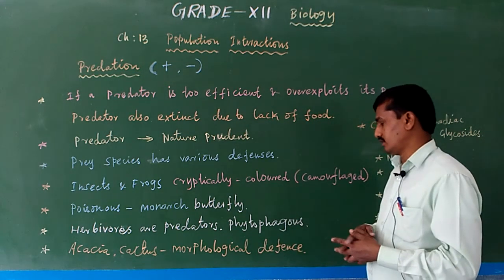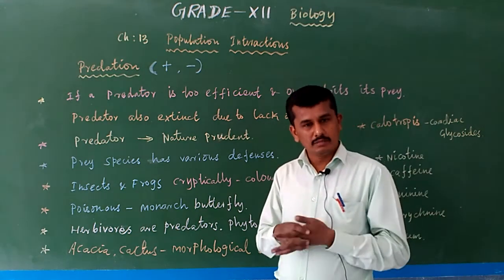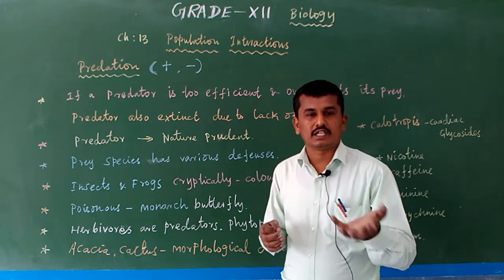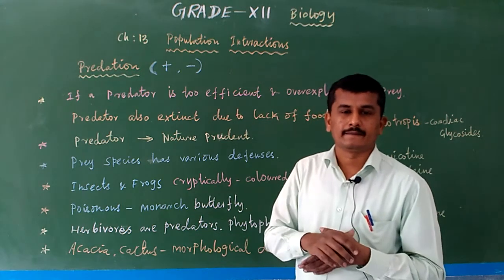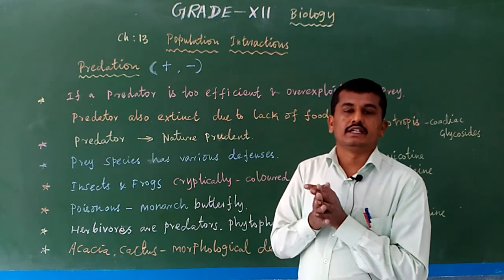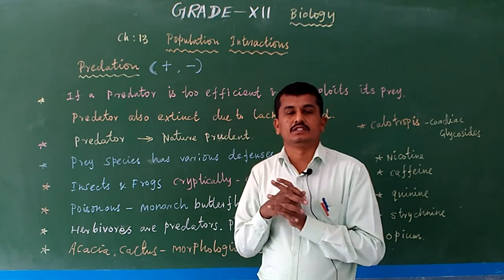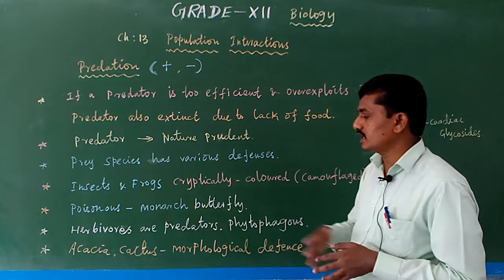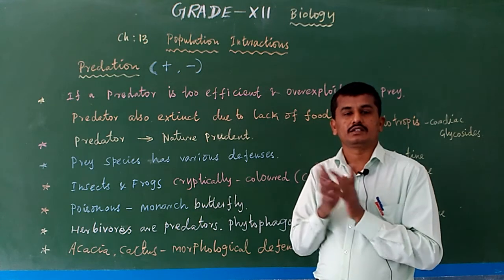Herbivores are also predators. Herbivores eat plants, and plants are living organisms like animals, like a deer that eats only plants. So it kills the plants and absorbs them. So to escape from the predator, the plants also show some morphological adaptation, like acacia and cactus plants, which form spine-like thorn structures.